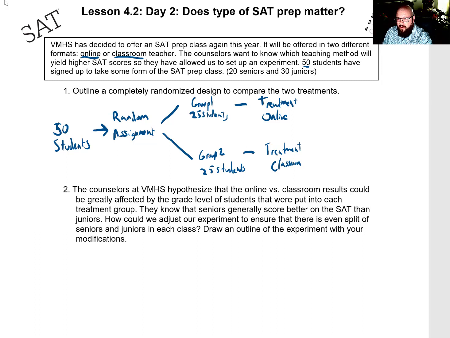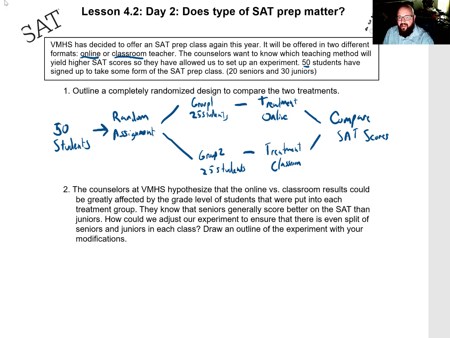And then after that, since we got the 2 treatments, we're going to bring all the data back together and we're going to compare the SAT scores, right? Because that's what we want to see if these help out with. We want to know if the online treatment or the classroom treatment does better. So we're going to compare the SAT scores.